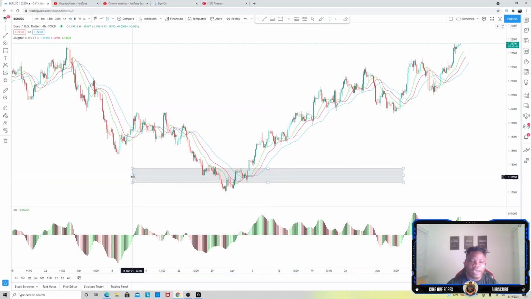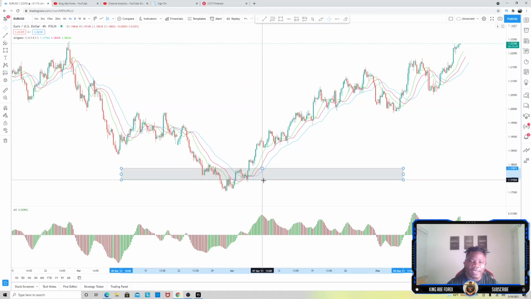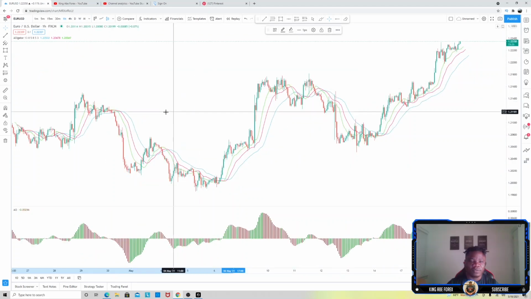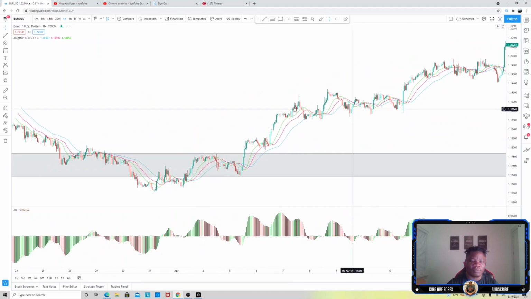Now that you have this zone, you go back to the 1 hour time frame and we look for that zone on the 1 hour time frame. Here's the zone right here that we marked.